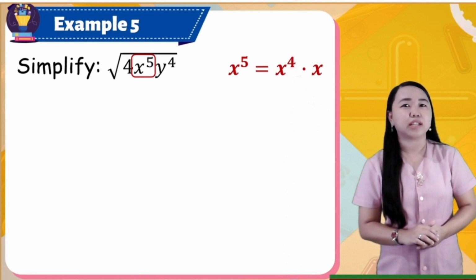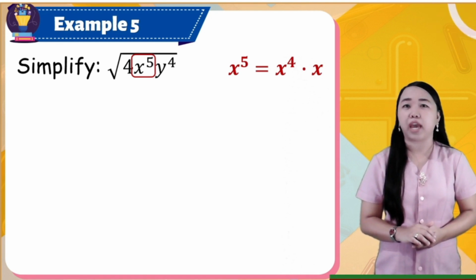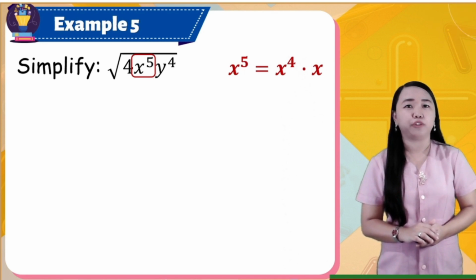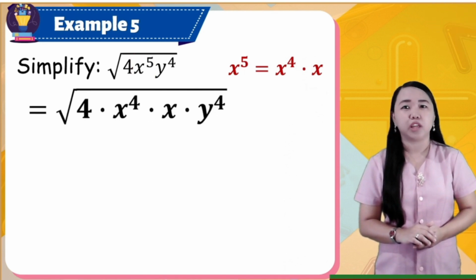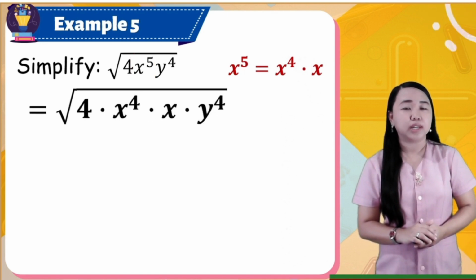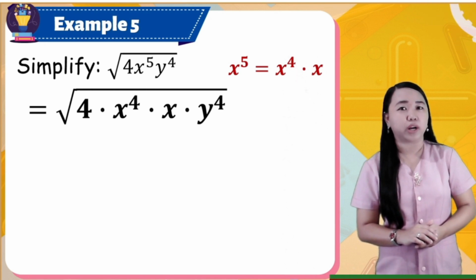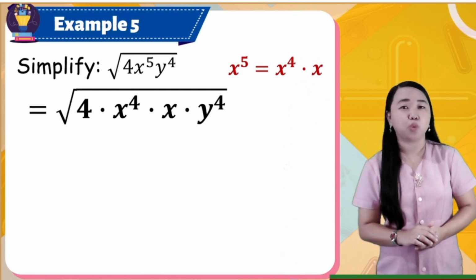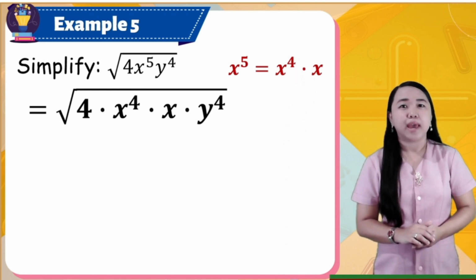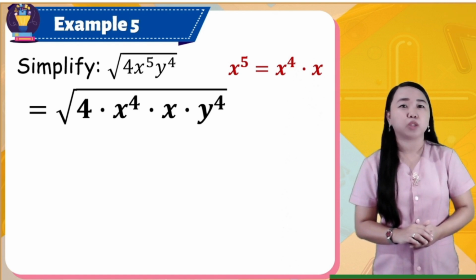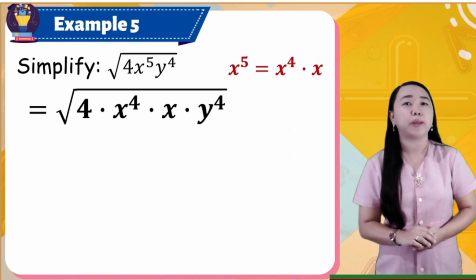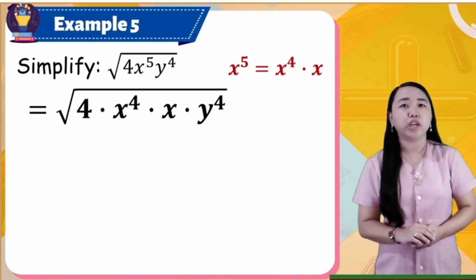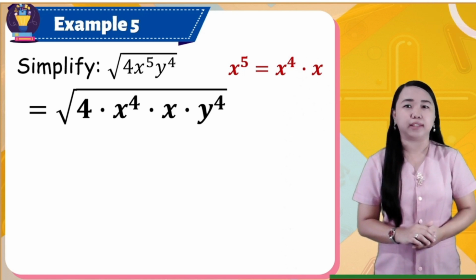Rewriting the radicand, it becomes square root of 4 times x raised to 4 times x times y raised to 4. Express this as a product of two radicals where the perfect squares are joined together in one radical.